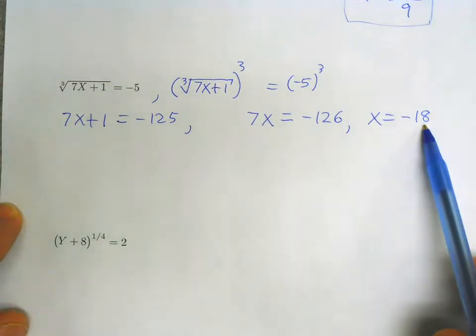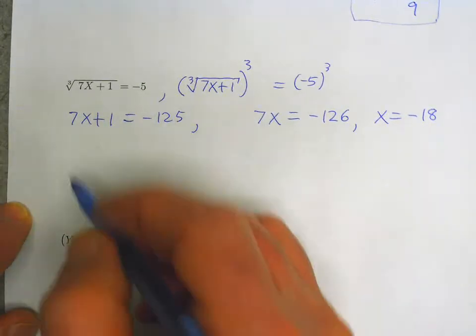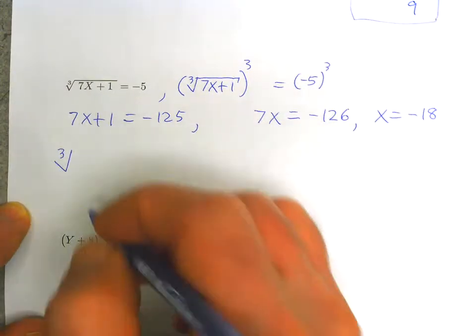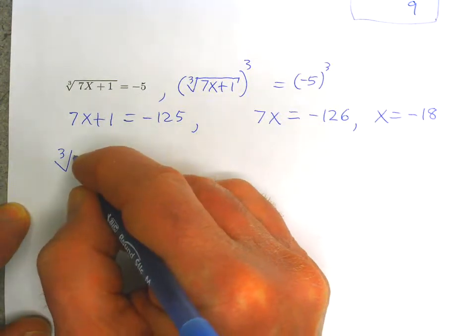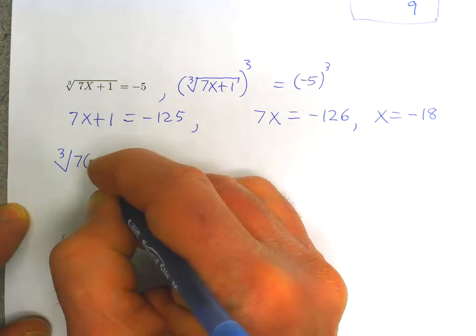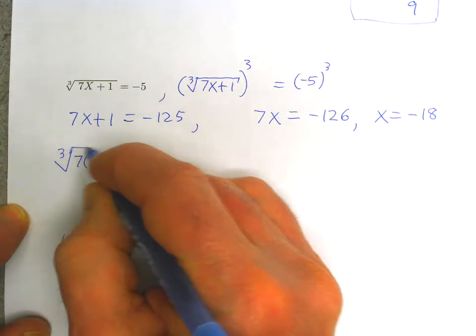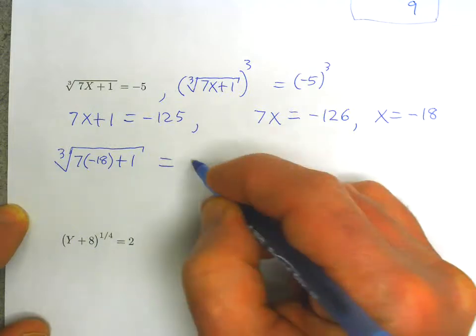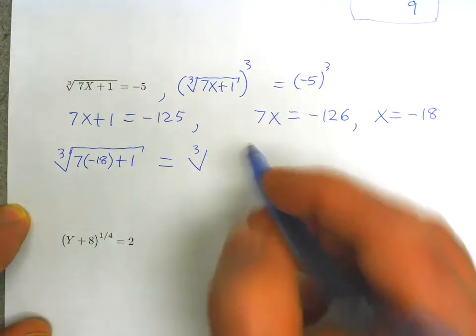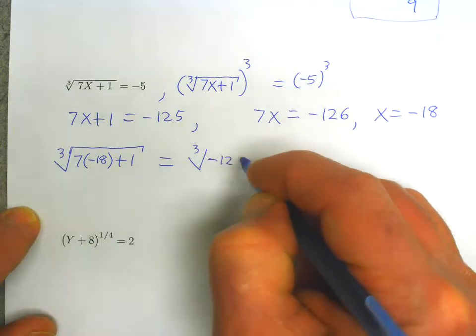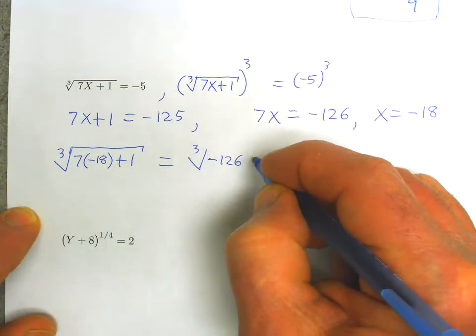Okay, then it's easy to check this one, so we might as well do it. Replace x with negative 18. Inside the cube root, we have 7 times negative 18 plus 1. We know that 7 times negative 18 is negative 126. So we have the cube root of negative 126 plus 1.